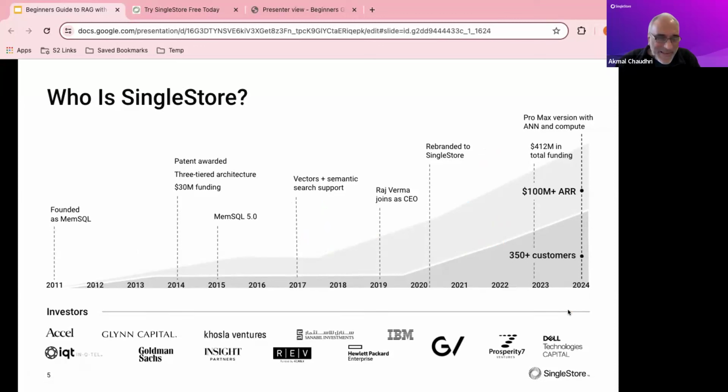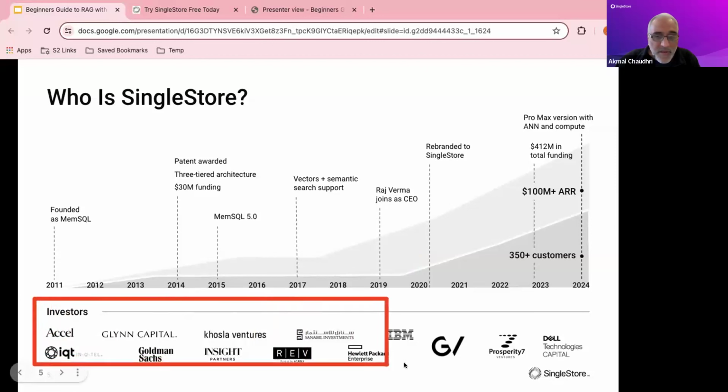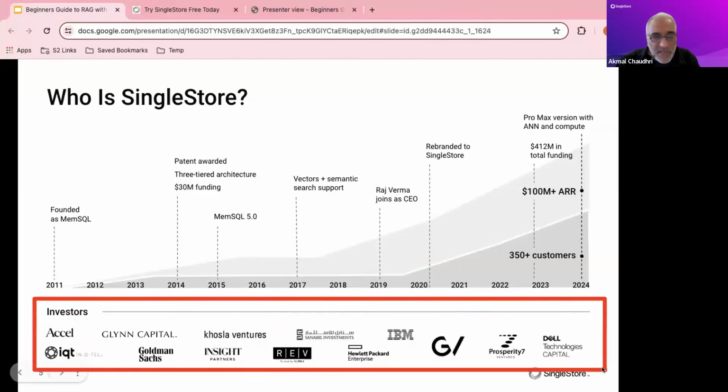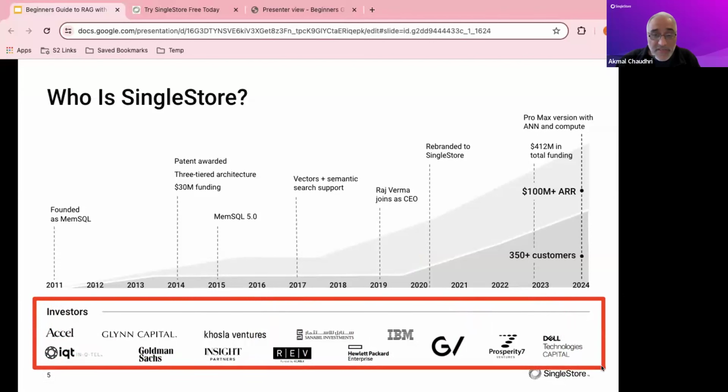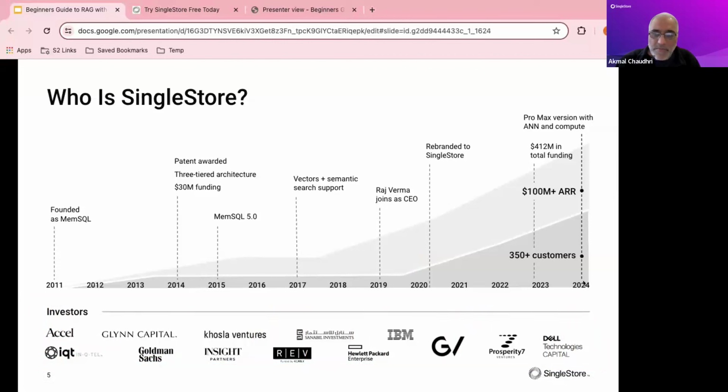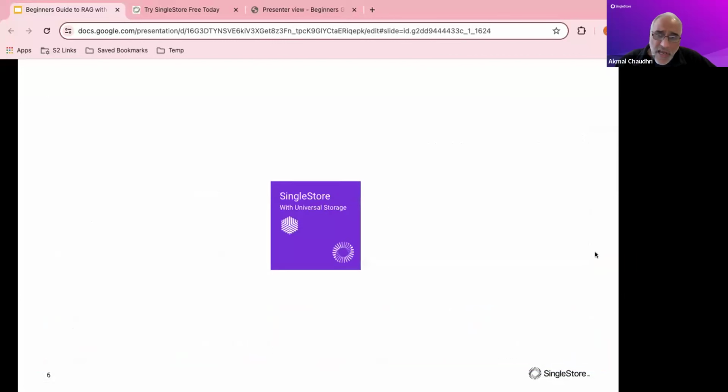Another inflection point between 2019 and 2020, again significant growth. At the bottom you can see the list of investors. Some of these global names you may recognize. These are companies that invest in us, and some of them are also our customers.